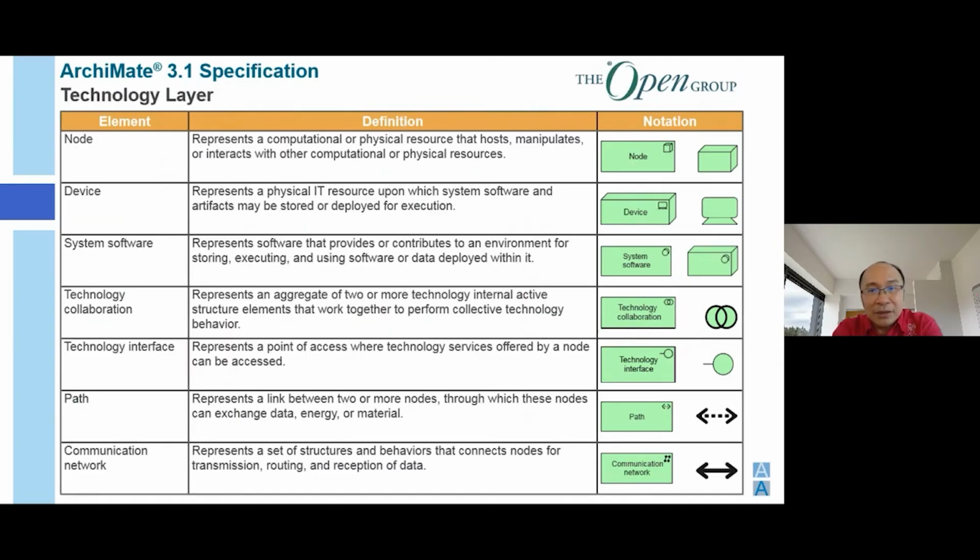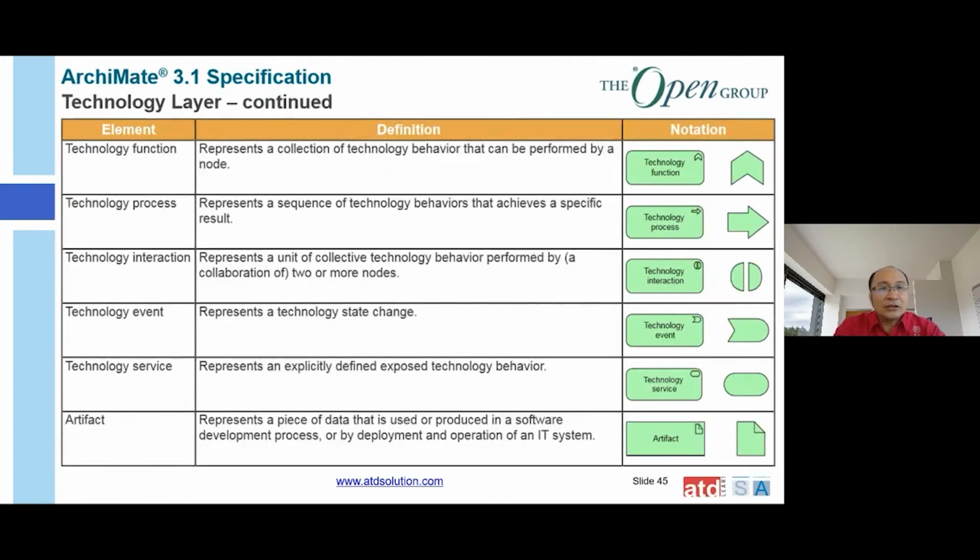All these have a symbol, and this symbol you can orchestrate into the model that connects to the entire spectrum of the enterprise. And of course, the technology layer itself has the technology function, because you can call a function like single sign-on, or a technology process that requires, for example, a backup: process 1, process 2, process 3.